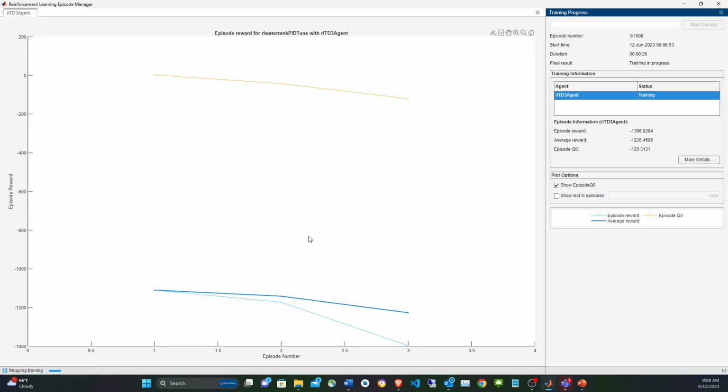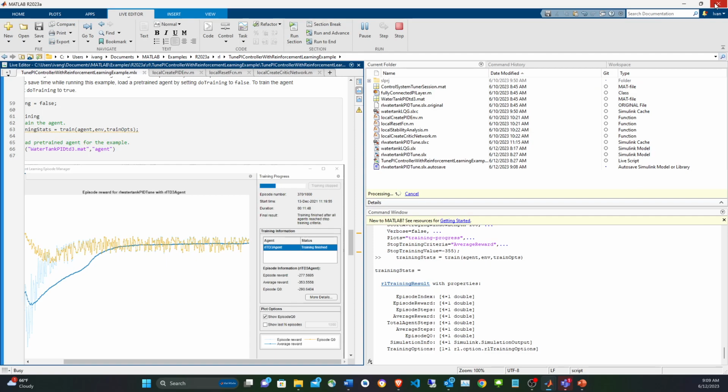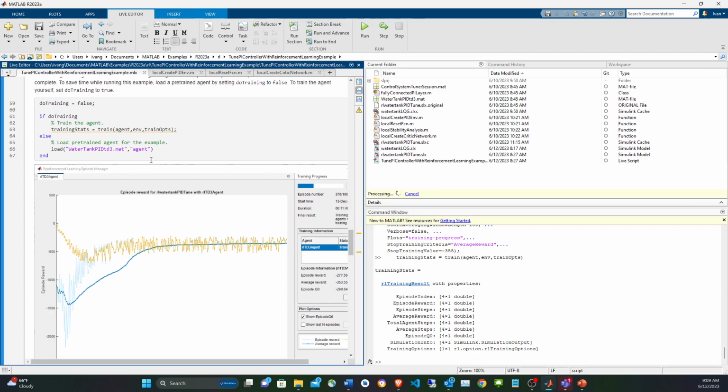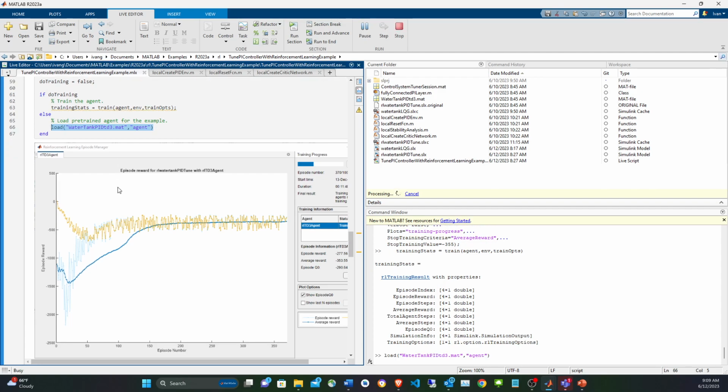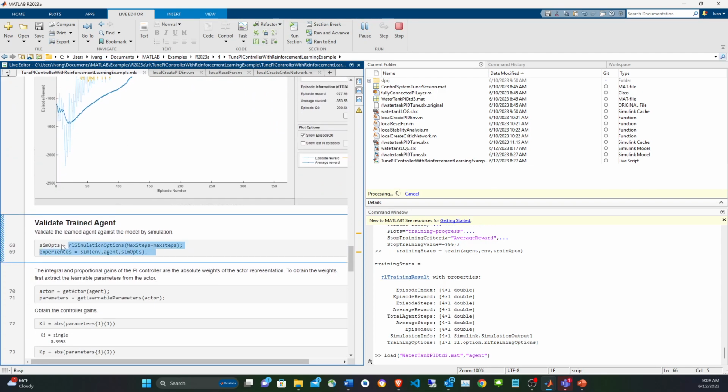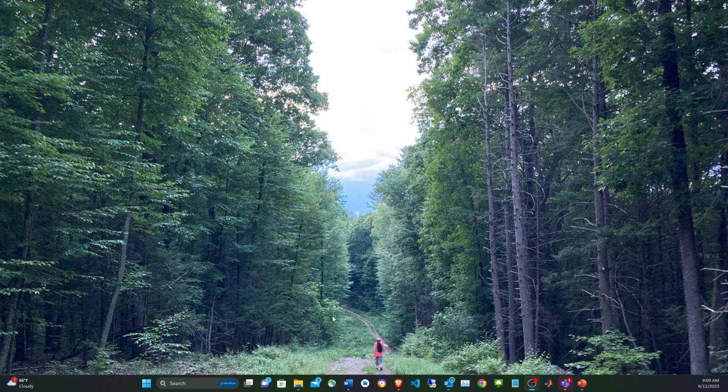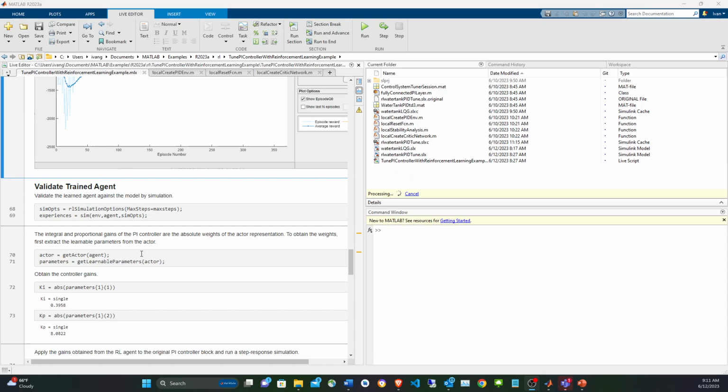Okay, I'm going to close this, and now I'm going to load the trained agent to proceed. I'm just going to make sure that the agent is working fine by simulating. Whoops. Okay, I relaunched MATLAB.